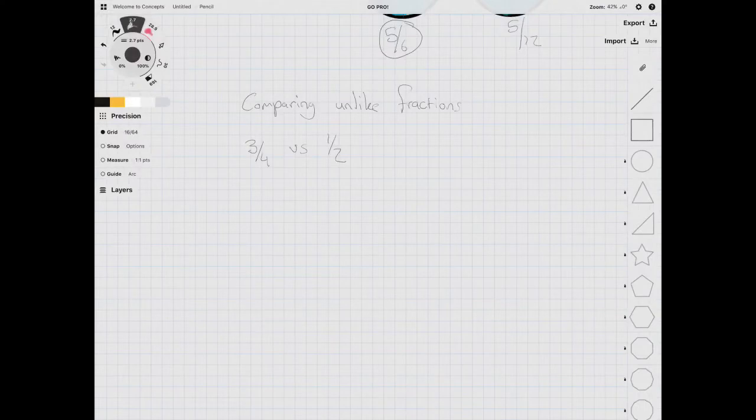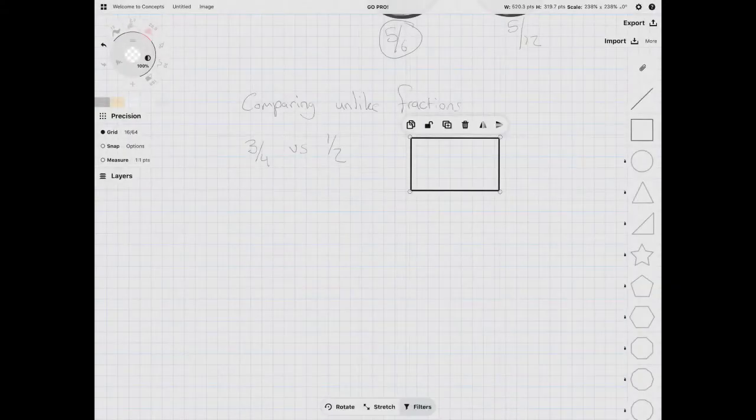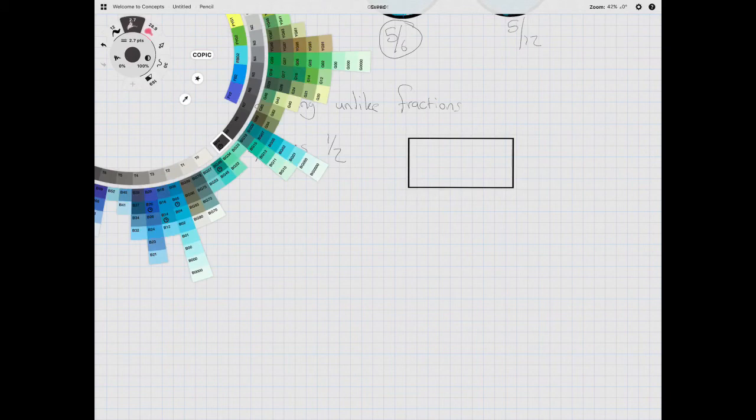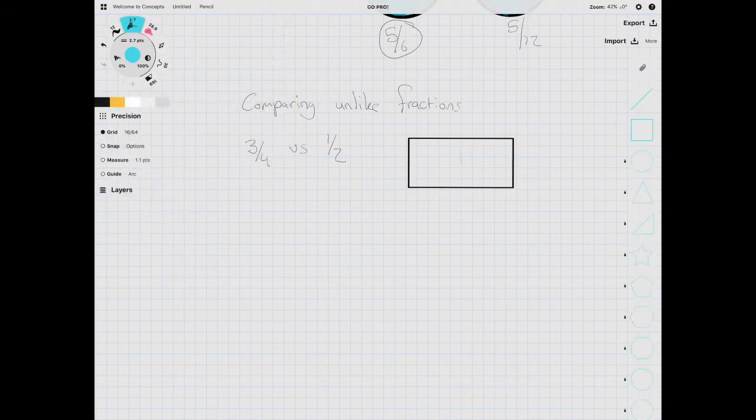There's no specific rule, but we could start off by saying, okay, well, let's draw a rectangle, and which of these do you think we could do first? Well, let's start off with a half. That makes sense. Okay, a half. I'll choose a new color here, something a bit darker maybe.